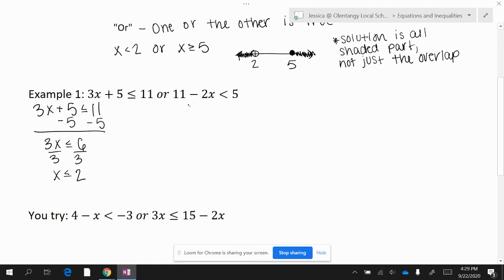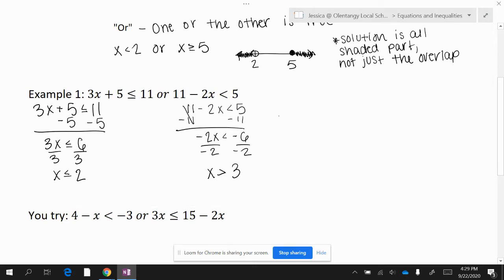Or we have 11 minus 2x is less than 5. So subtract 11. Negative 2x is less than negative 6. X is greater than 3.